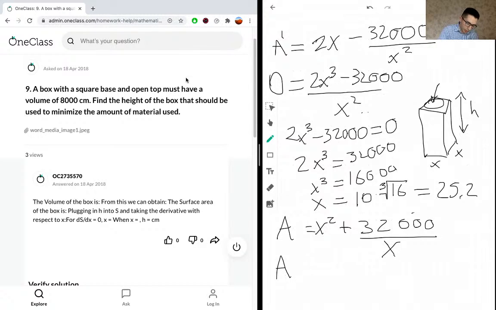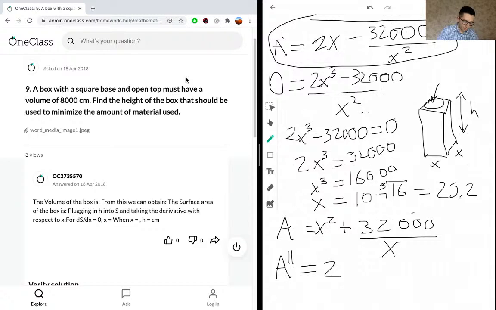Here we take the second derivative, and we see that it's 2 plus 32,000 over x cubed. The first term is straightforward. The second term has negative 1 over x squared, and the derivative of that will be 1 over x cubed, with the 32,000 on top.